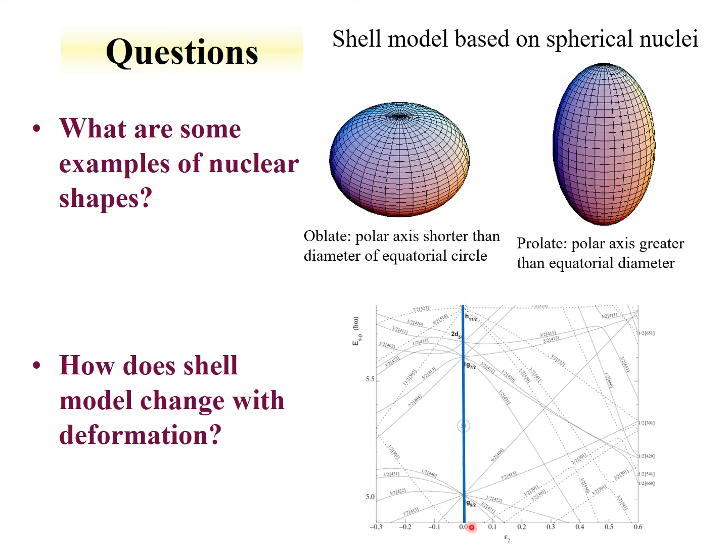If you've taken inorganic chemistry, you've seen Tanabe-Sugano diagrams, and you'll see the same sort of behavior. What we can see from this is that oblate nuclei are going to tend to lie on this side of the line that defines the spherical nuclei. So the left side will be oblate, and the prolate will land on the right side.